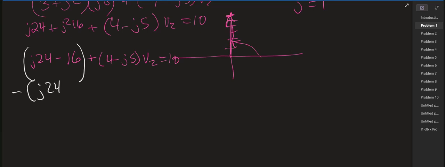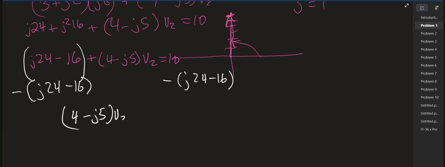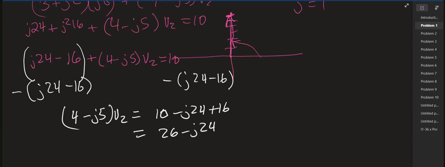So minus j24 minus 16 on both sides. On this side, I'm left with 4 minus j5 V2 equals 10 minus j24 plus 16, or 26 minus j24.